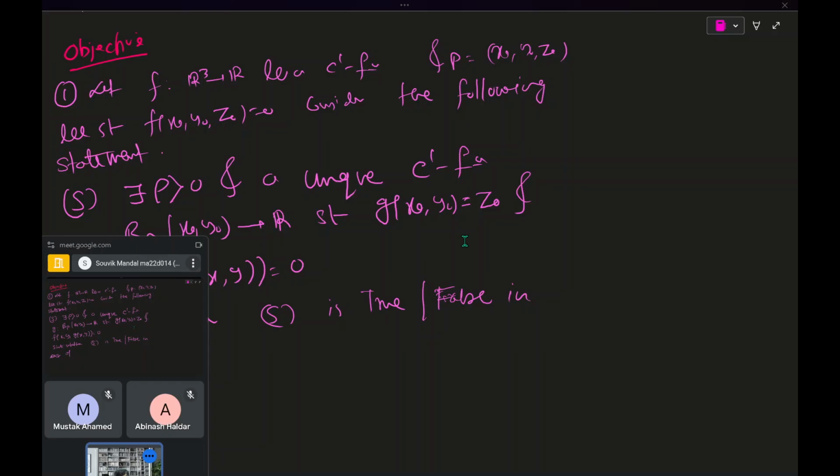Option A: f(x, y, z) = x squared plus y squared minus 2x squared at the point (1, 1, 1). Option B: f(x, y, z) = 2x squared minus y squared plus z squared at (1, 1, 1). Option C: f(x, y, z) = x plus z.